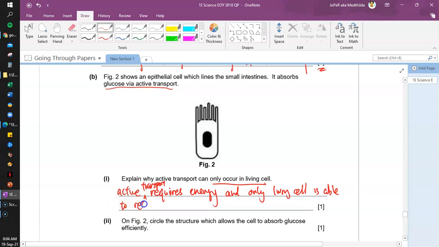The key term, the process we're looking for, is to respire, to release energy. So just take note of this.